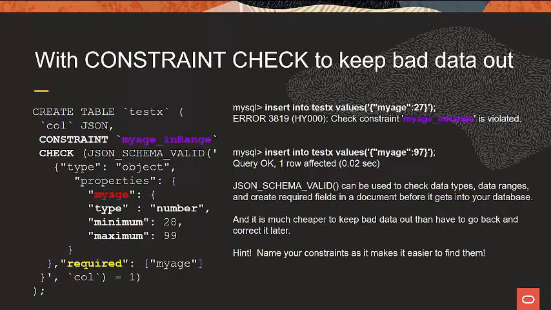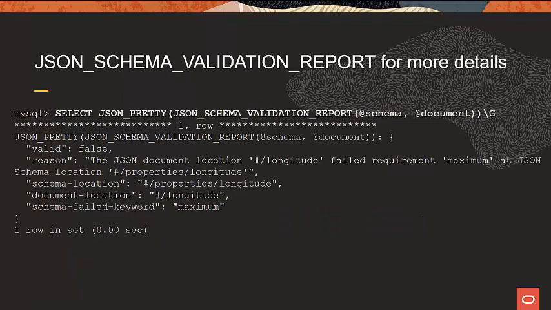Otherwise, the server will reject that data. By the way, in purple there you see my age underscore in range. I do recommend naming your constraints. Otherwise, when things go wrong, you'll get an error message like, constraint check number 4 was not accepted. It's much easier to find them if you can name them.